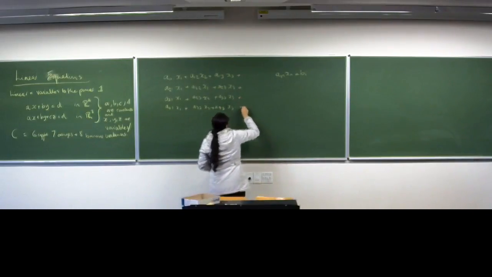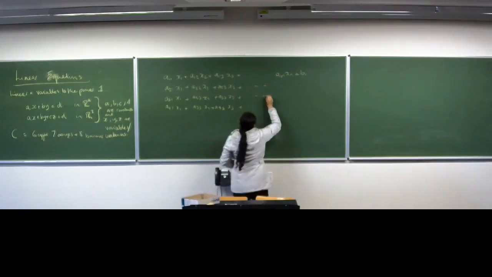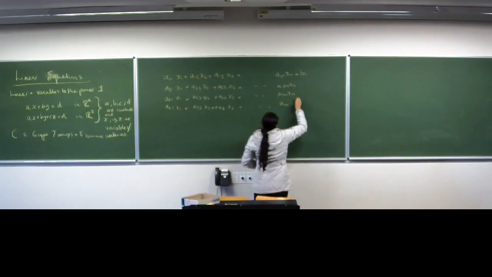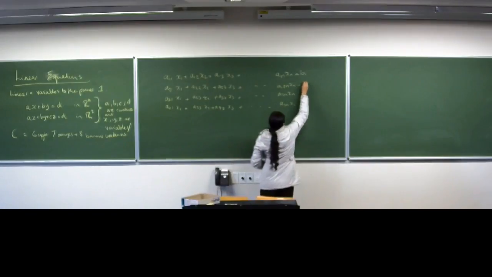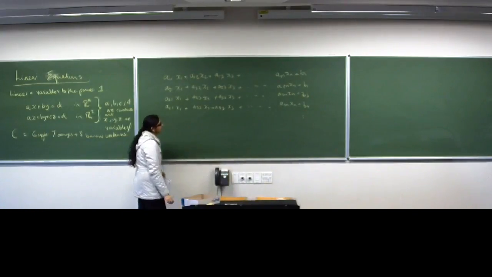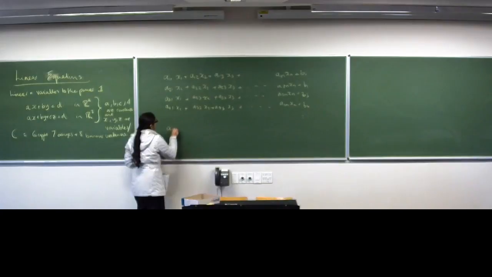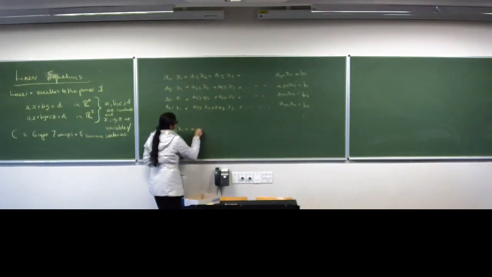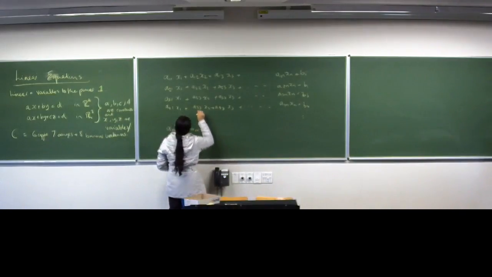So you get the idea. Am1x1 plus am2x2. This was 1, 2, 3. This is supposed to be 2's.